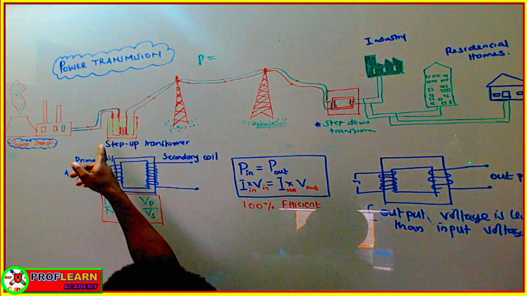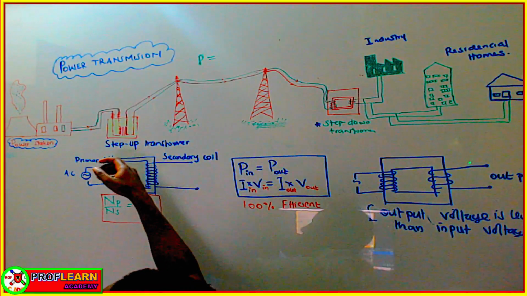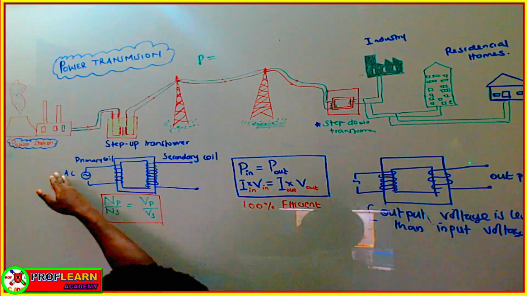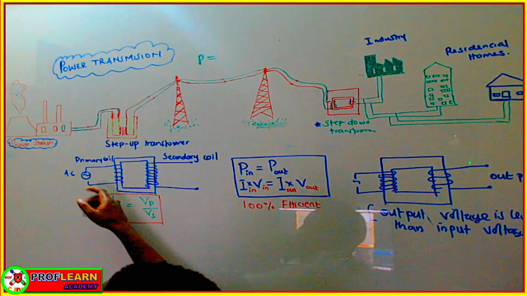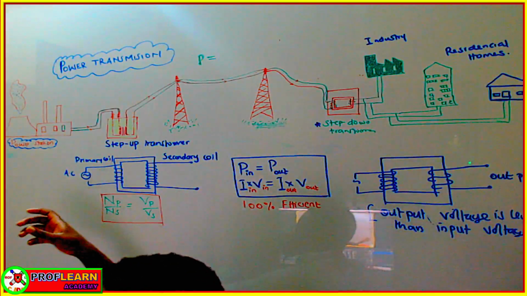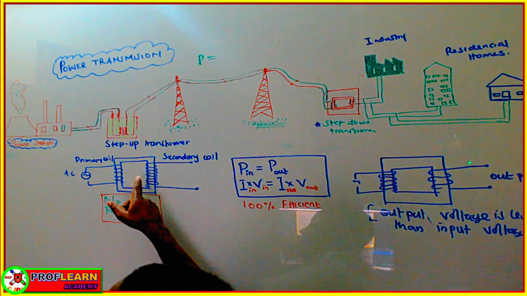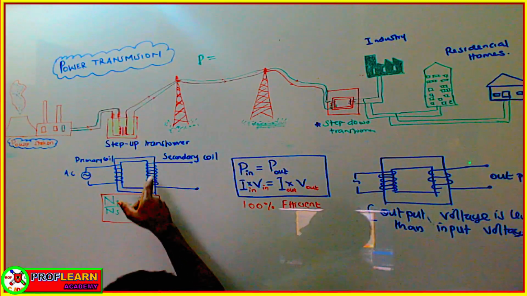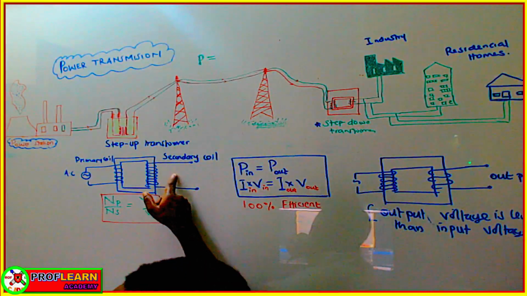So for this one, it's a step up, so it's going to increase voltage because we have AC current, or alternating current, going through the primary coil, and that alternating current is going to set up magnetic fields around the primary coil. Since we have a soft iron core, this soft iron core is going to link those magnetic fields, and the fields will cut across the secondary coil.